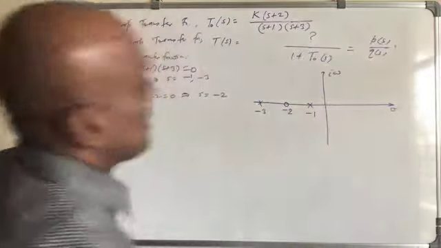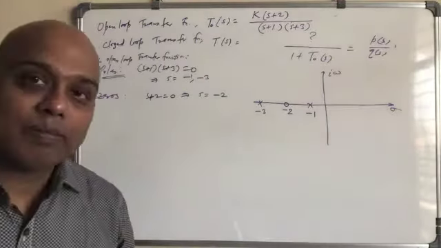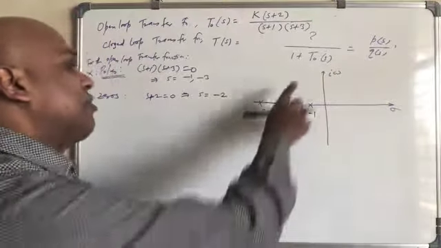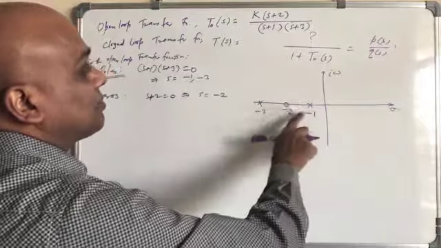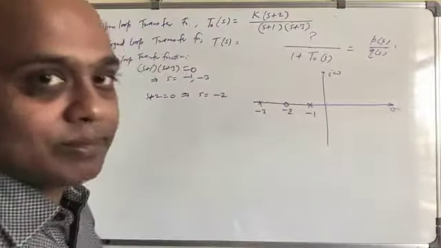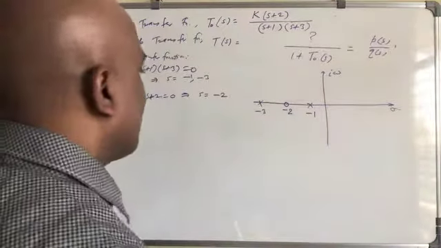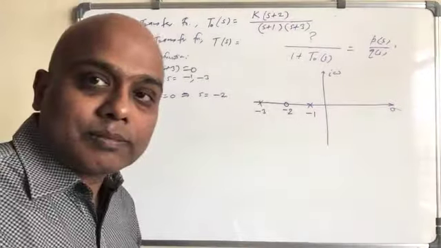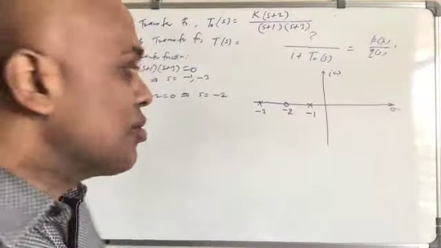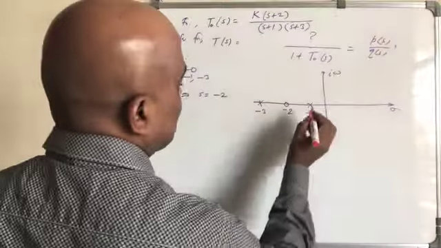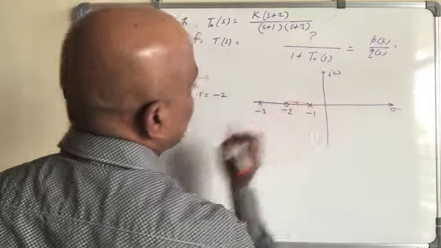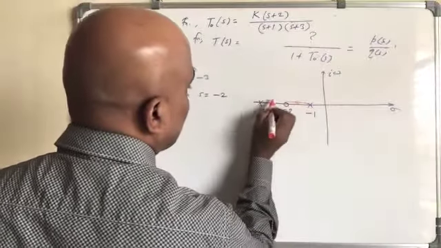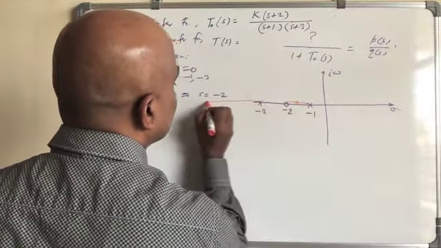Now somebody asks you, or you have to figure out, how is the root locus? If you have learned about root locus, you can tell that it will go from here to here, then there will be nothing here, and from here it will start this way.